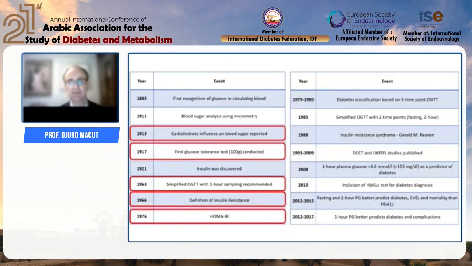If we look at the events and the years, in the first half of the 20th century we had timelines related to the discovery and understanding of the influence of carbohydrates on blood sugar levels.